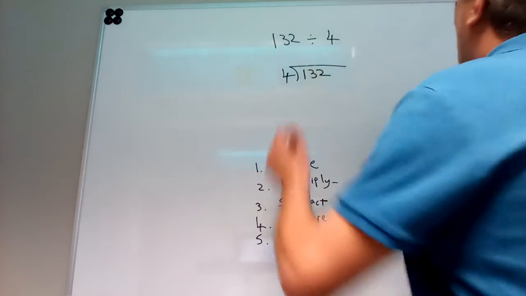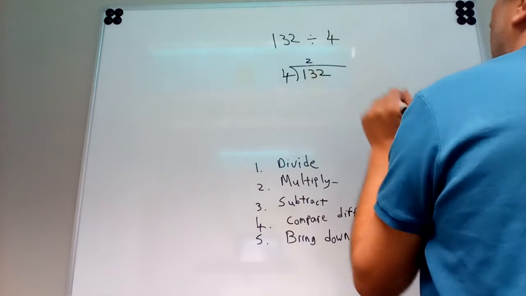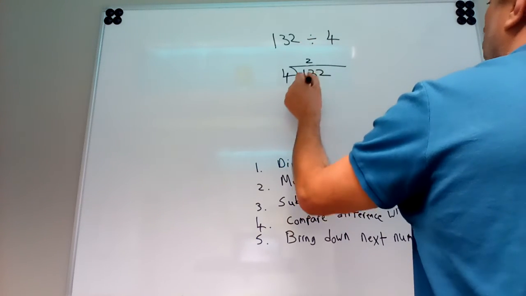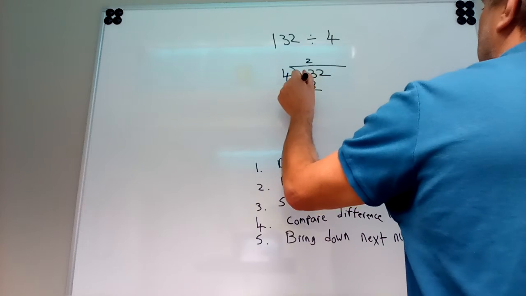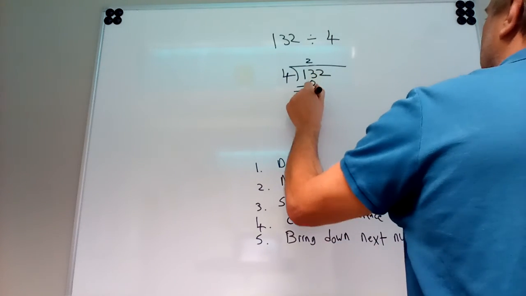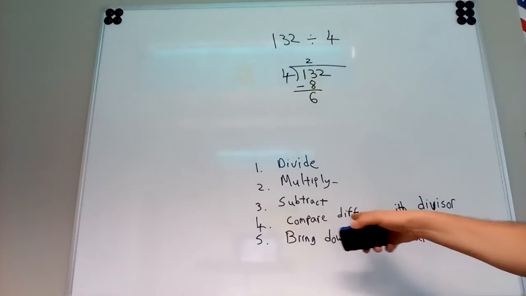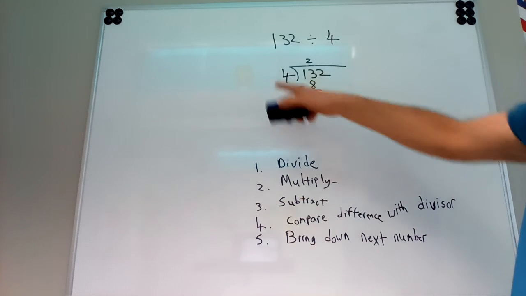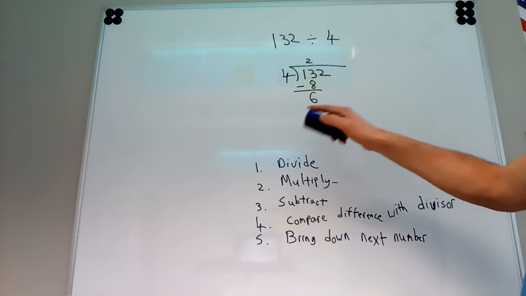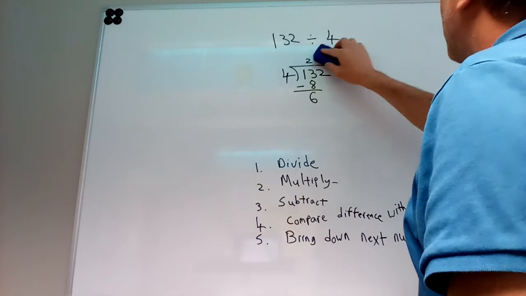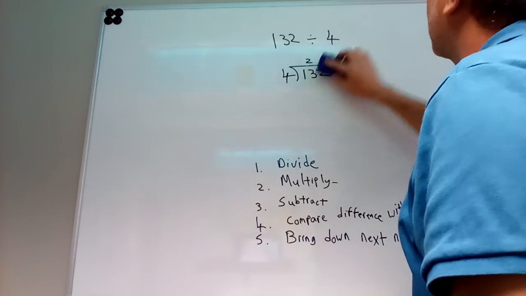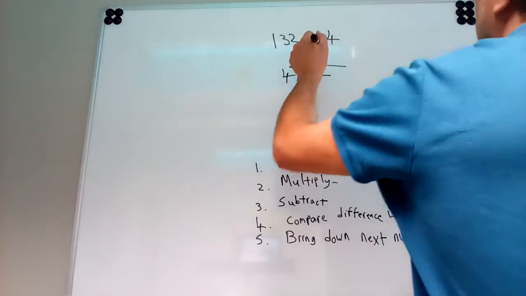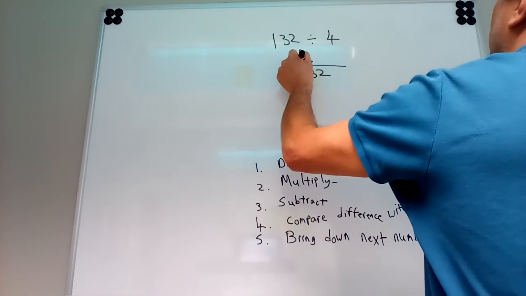Or if you did 2 times, and you went 2 times 4 is 8, and you subtracted that, you would end up with a 6. Well, when you compare the difference with the divisor, this number is bigger than that, and we don't want that. This number has to be smaller, so we can't have that. So you know that number's not big enough, so it's got to be the 3. So that's why I say sometimes you might have to use a little trial and error.